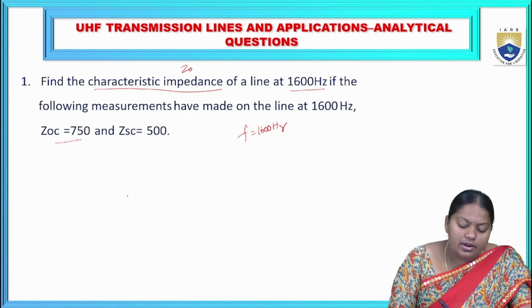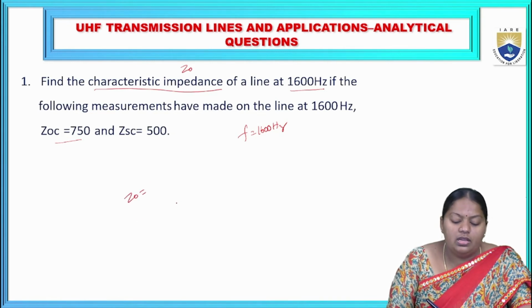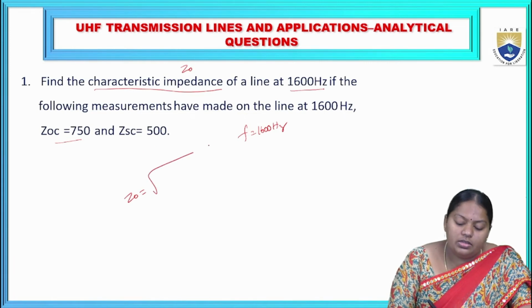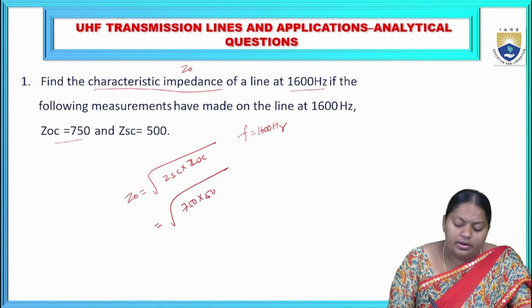To find the characteristic impedance, the relation between Z0, the open circuited impedance ZOC, and the short circuited impedance ZSC can be written as Z0 equal to root over ZSC into ZOC. That equals root over 750 into 500.